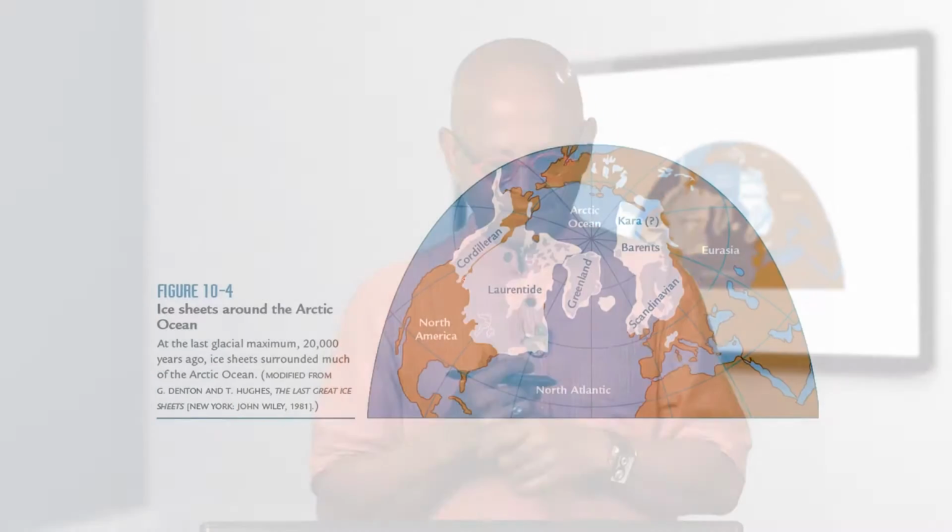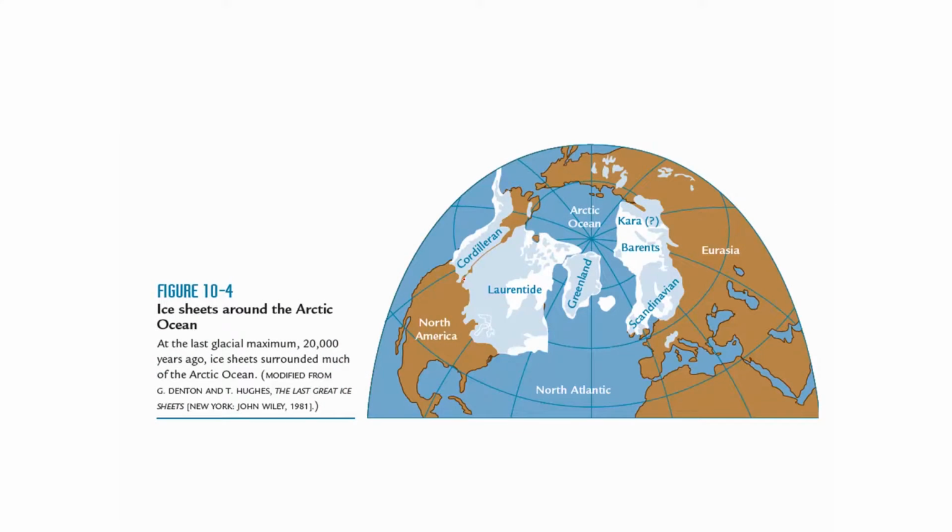So, at the last glacial maximum, we were in an ice age, which means there was extensive glacial cover up to about 20,000 years ago, when it started melting, and there were a couple of hiccups, as we will see later on. But the so-called Cordilleran, Laurentide, Greenland, Barents and Scandinavian glaciers came pretty far down.